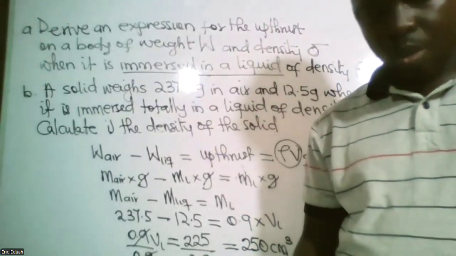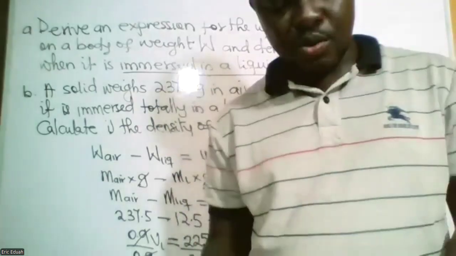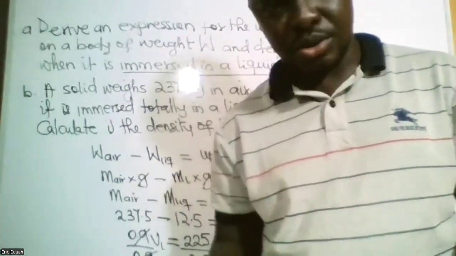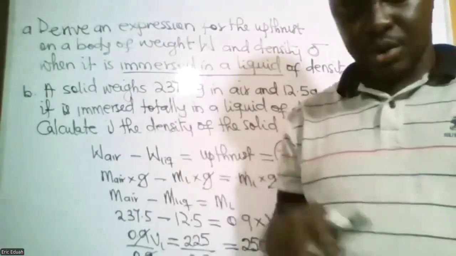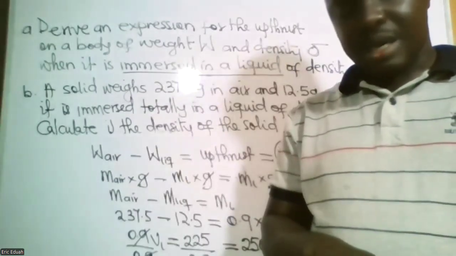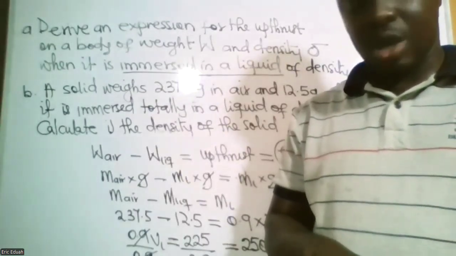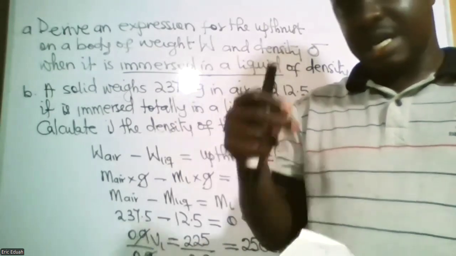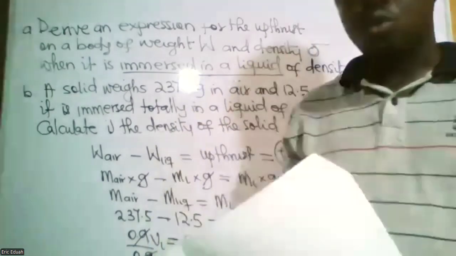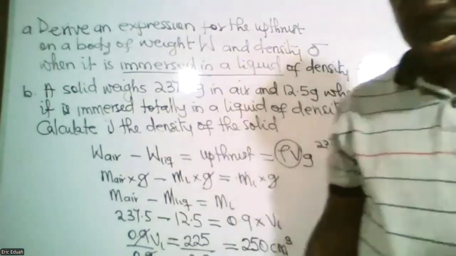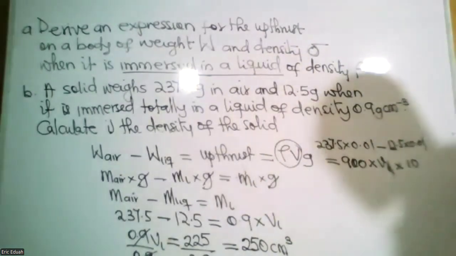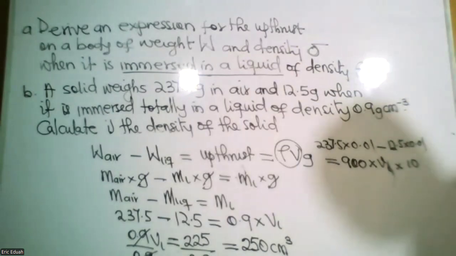Can you explain what they mean by this question? How do you understand the question? Calculate the fraction of the solid submerged in a liquid of density 1.19.